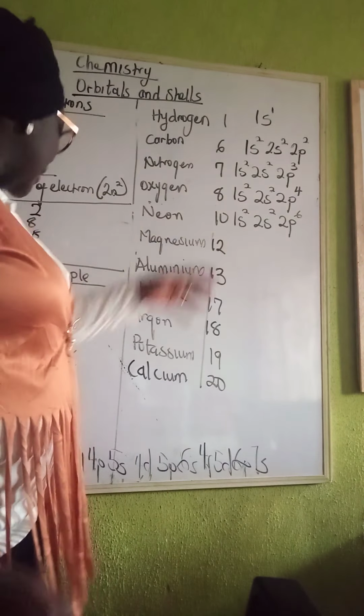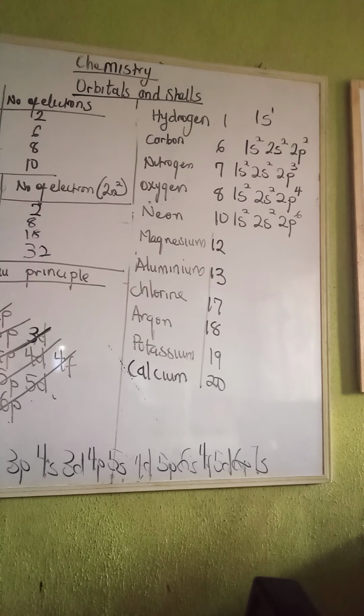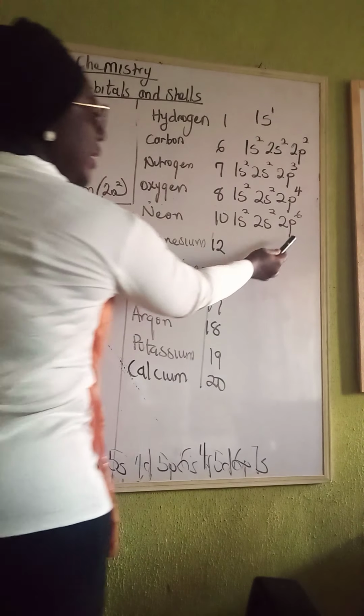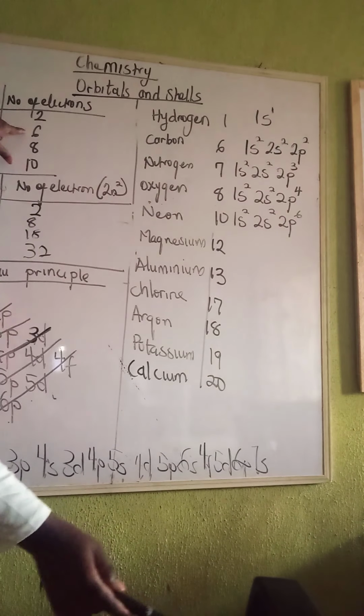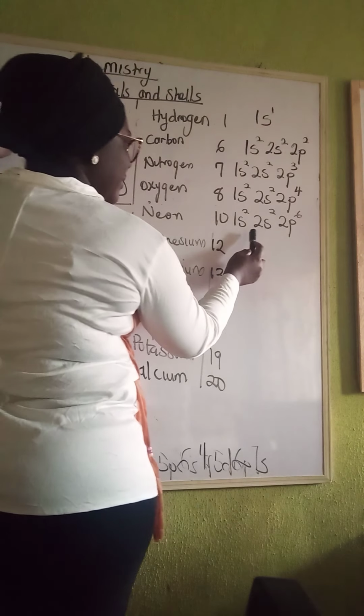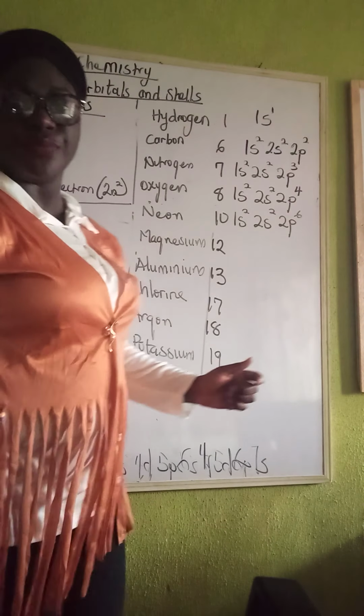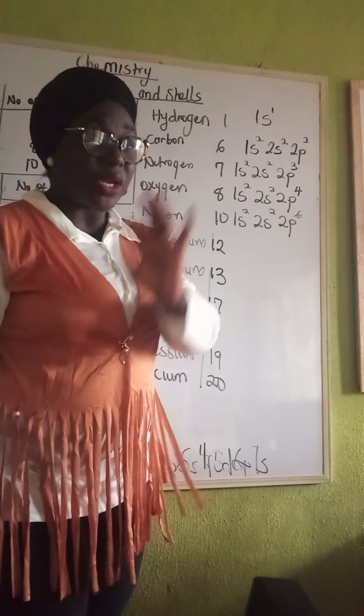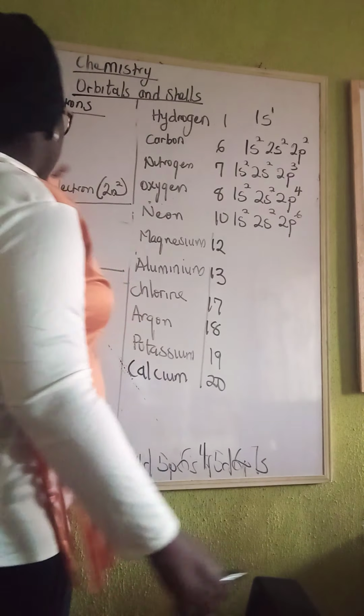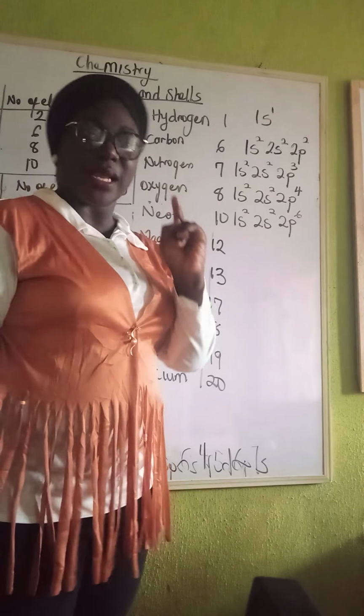Now, looking at the Aufbau principle, after 2p, the next one is 3s. The p orbital can only accommodate 6 electrons, so we can't go ahead and say 1s2, 2s2, 2p7. It's not possible, because the p orbital can only accommodate 6 electrons.